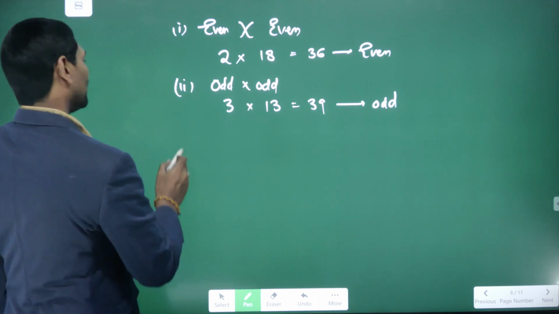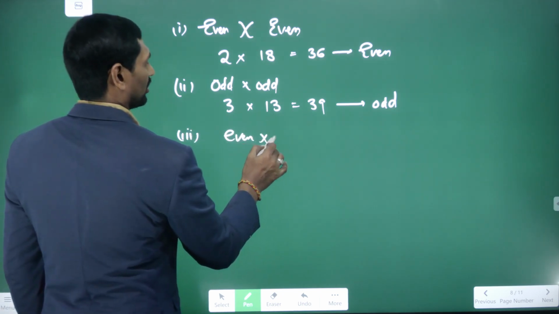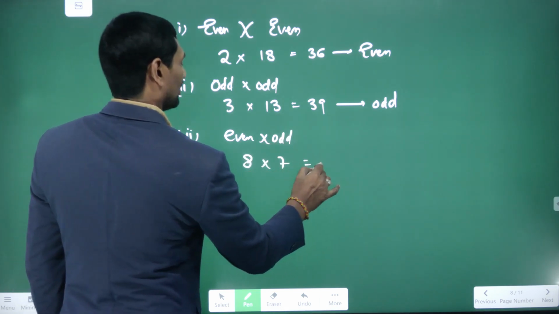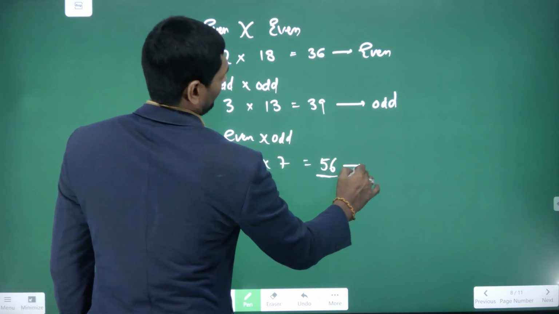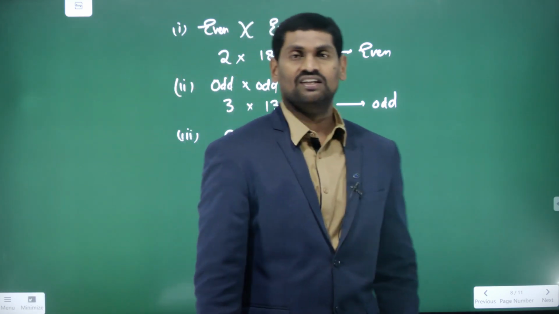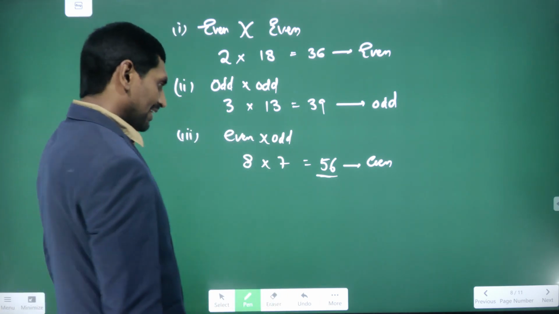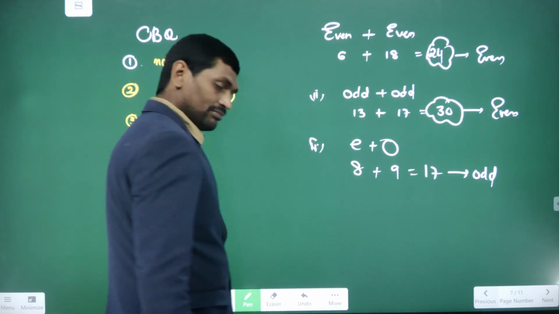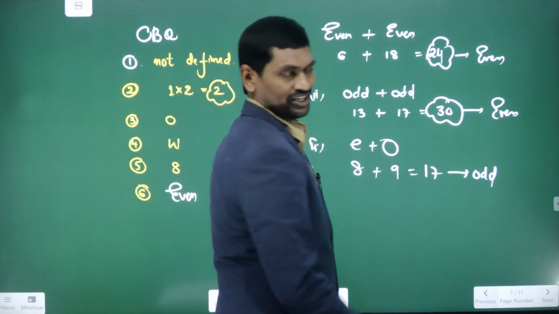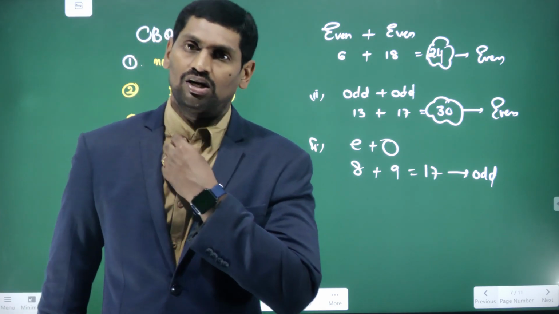Okay. Now let us see the last option, even number with odd number. So even number is 8, odd number is 7. 8 7s are 56, which is nothing but even. 56 is exactly divisible by 2. So from this you decided sum of two even numbers is an even number. Sum of two odd numbers is also even, but sum of one even and one odd number is odd.